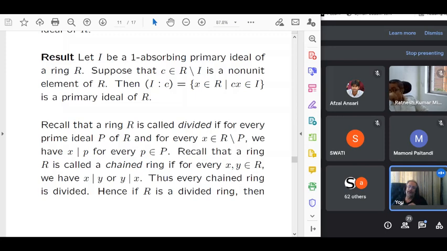Divided ring, sorry, which is the same definition: a divided ring means whenever I have a prime ideal P and I choose an element x outside P, then the ideal P has to be a subset of xR, the ideal generated by x. Maybe this is simpler than what's written here.